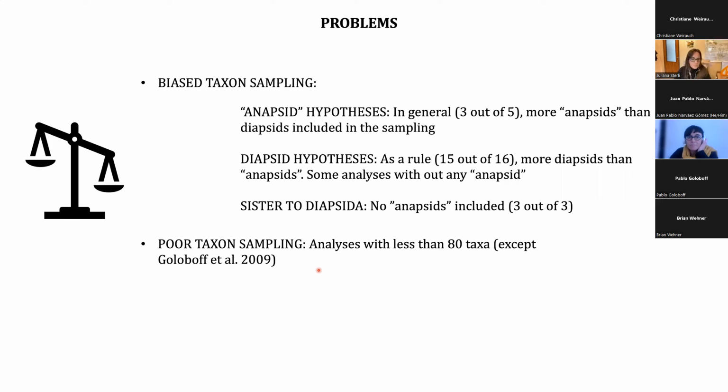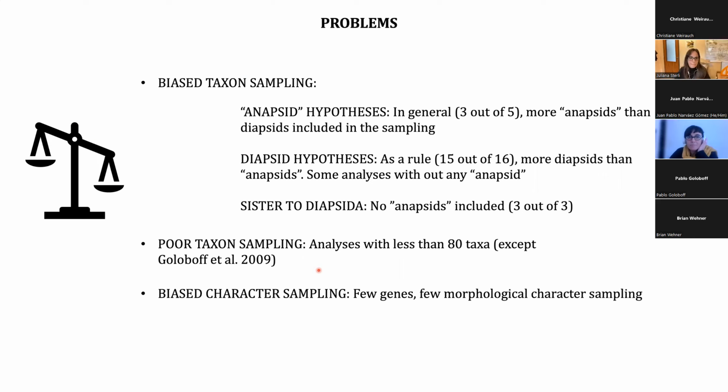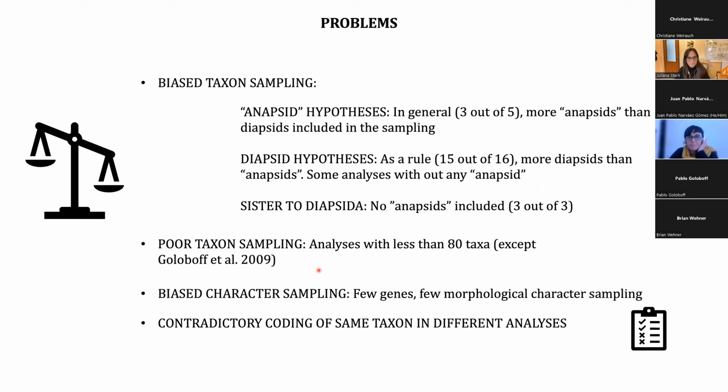There is also a poor taxon sampling. Analyses are in general with less than 80 taxa, except Golovov et al. 2009. And in general, they are about 40 taxa. So they are analyses with little taxon sampling. Of course, if we have a biased taxon sampling, we have biased character sampling. And also we have found that there are contradictory codings of the same taxon in different analyses.